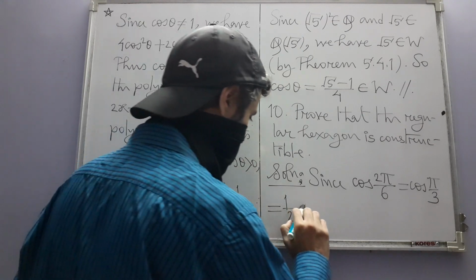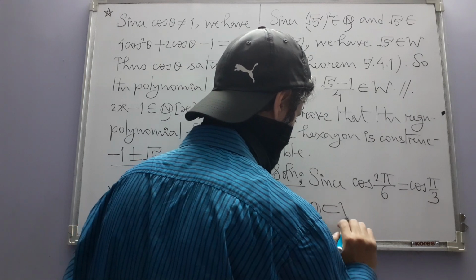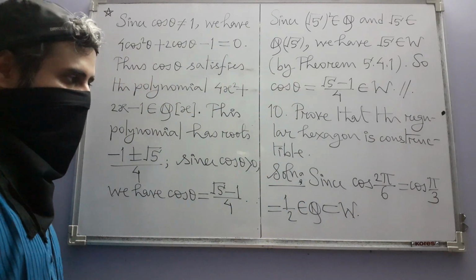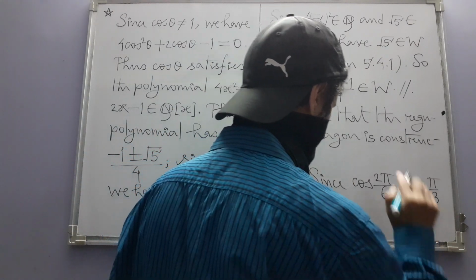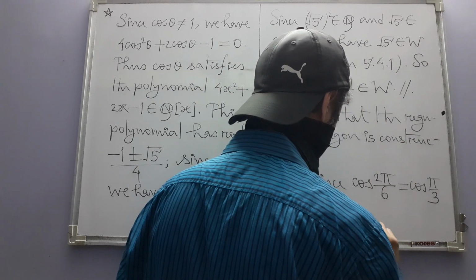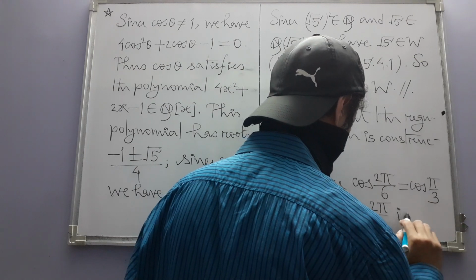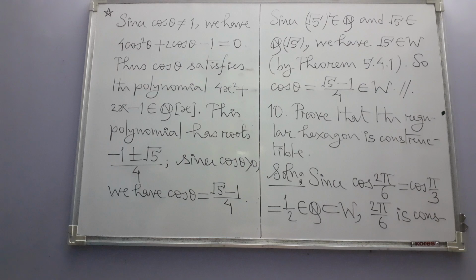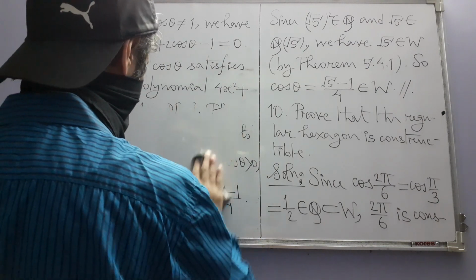It's a rational number, and the field of rational numbers is contained in the field of constructible numbers. So that's how instantaneously we are getting this. Two pi over 6 is constructible, and that's why a regular hexagon is constructible.